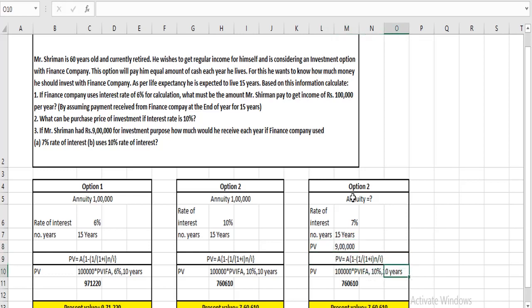So the same formula, but instead of present value we will write 9 lakh, and over here the annuity is what we are going to find out. We look into the 7% row in the table, and the annuity is the question mark we need to find.